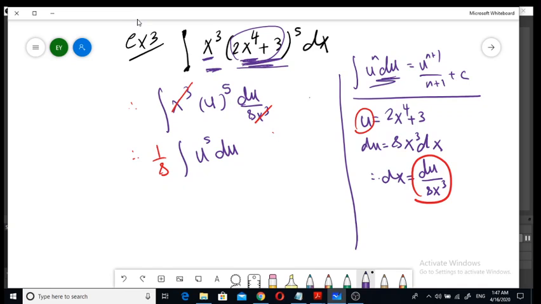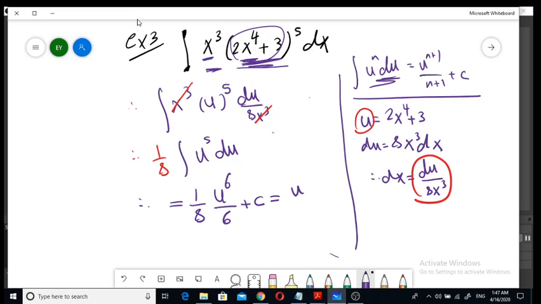So easily we can apply this rule. Then this is going to be 1 over 8 u raised to the power 5 plus 1, which is 6, over 6 plus c.